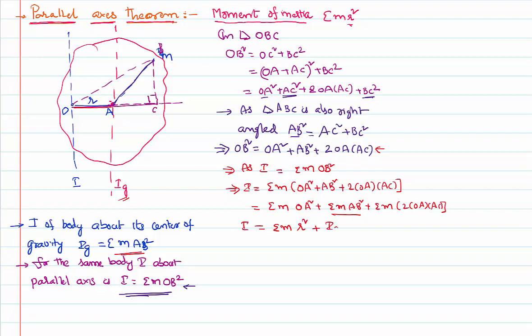That's nothing but equal to Ig, plus sigma m into 2 OA and AC. But if you see, sigma m is the mass of the body. OA or AC is the distance of the body from the axis of rotation.